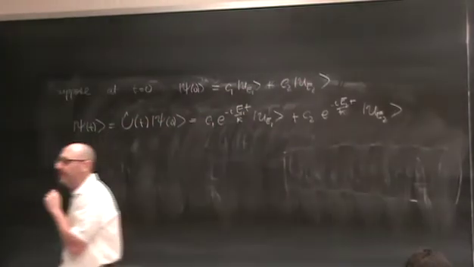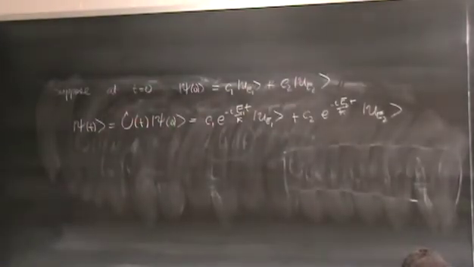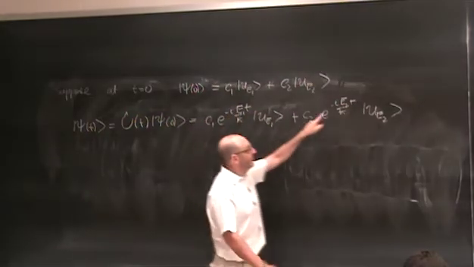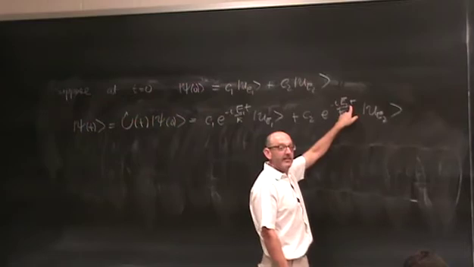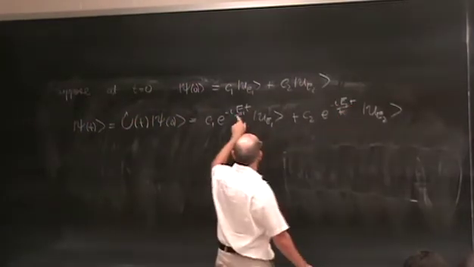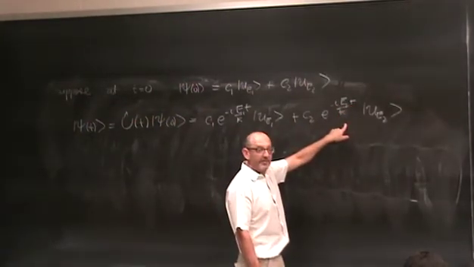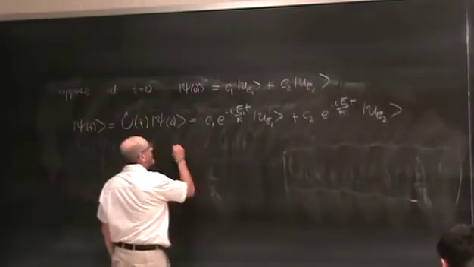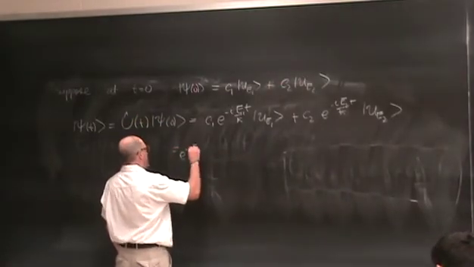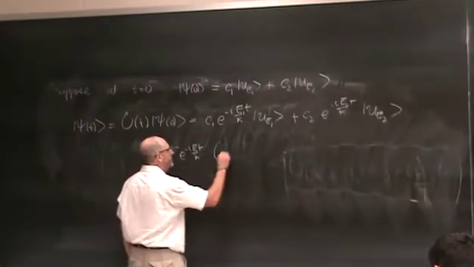Is this a stationary state? No. If they're not degenerate, if this energy is different from that energy, then there's a relative phase between them. I mean, I can factor out one phase if I like. I can do that if I choose to.